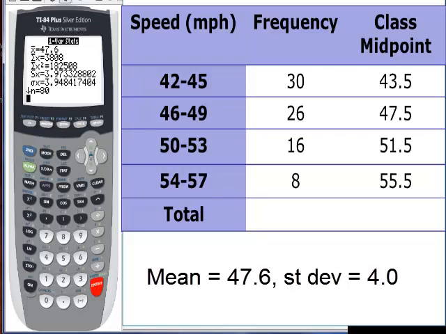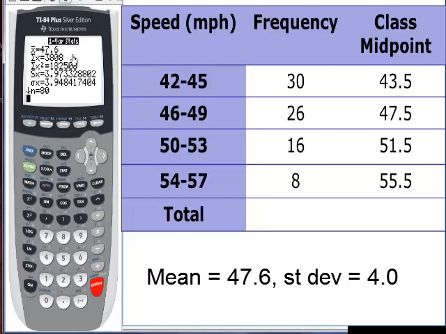Now, one problem with using this method to get your mean and standard deviation for a frequency distribution is that if later you go back and try to use the one variable stats just to get a mean and a standard deviation for raw data, because you told it that you're using L2 for frequencies, some of these answers won't be correct.